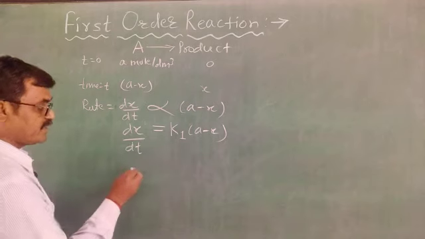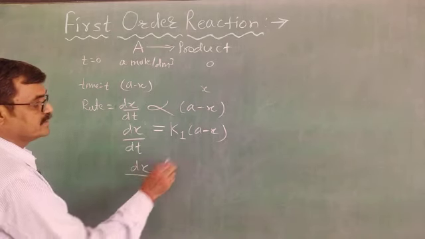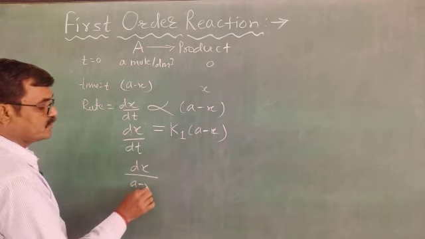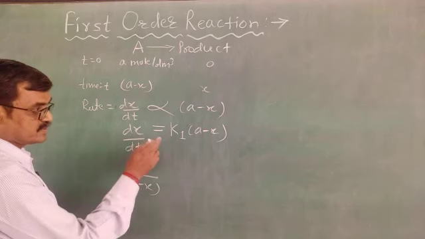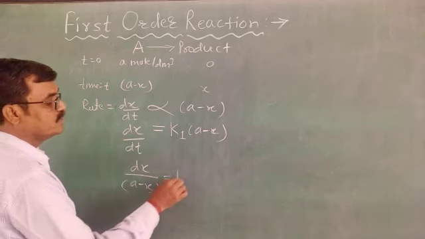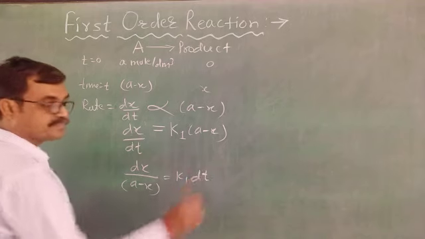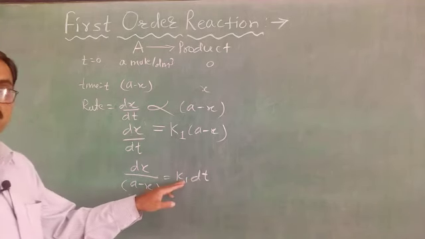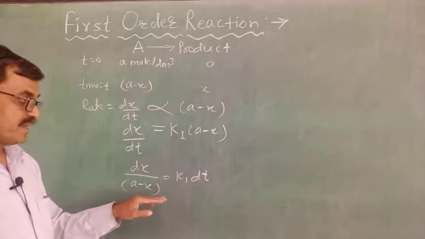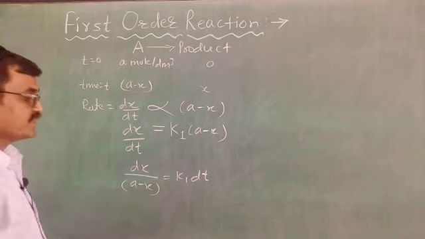Now rearrange this equation. The term related to x, that is a minus x, comes to the left hand side, then it will be dx upon a minus x equals k1 into dt. Now we have to find out the value of k1, so integrate this equation.